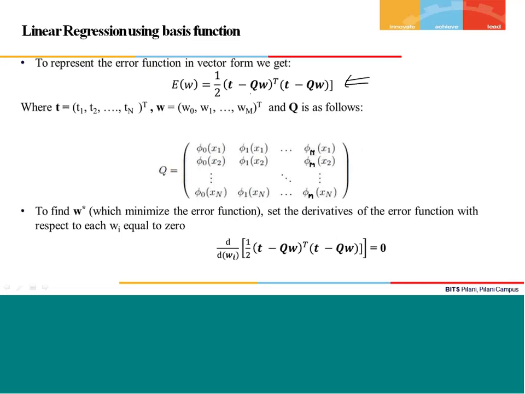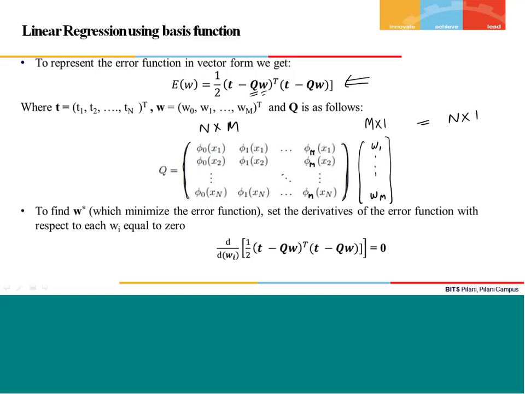So this Q, if you see carefully, this Q is this matrix when I am multiplying it with W. I told you that I have M basis functions, and therefore I must have M weight components also, or I should say more specifically that the dimension of the weight vector is M. When I multiply this matrix of dimension n into M with this matrix M into 1, I will get n into 1, right?